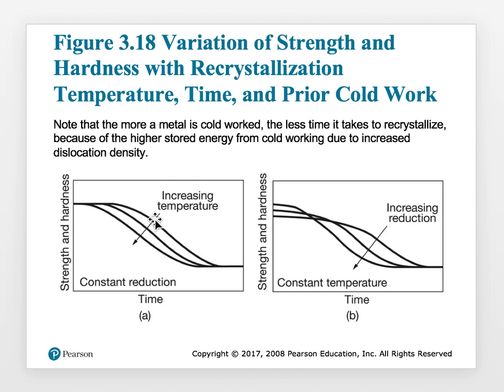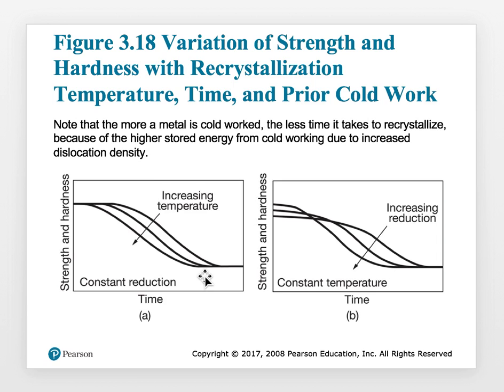This one is at a lower temperature compared to this block of material. So if you applied heat, say 100 degrees centigrade, the strength does go down, but if you had taken up the temperature to 125 degrees centigrade, the strength would have gone down much more. So why is this important?